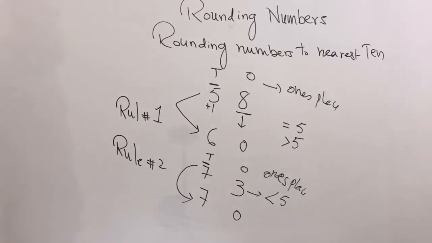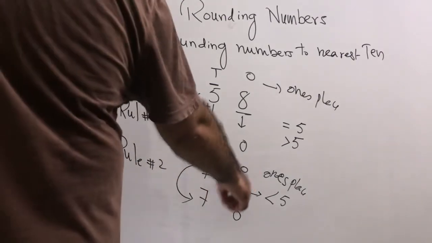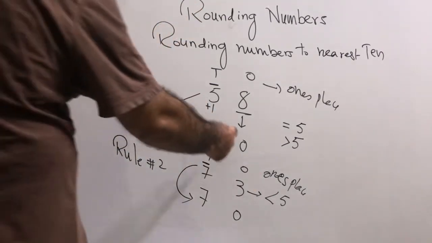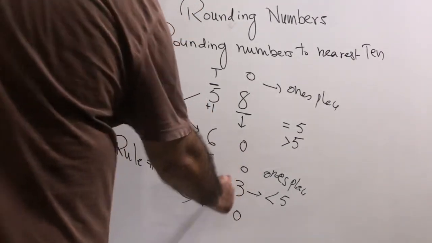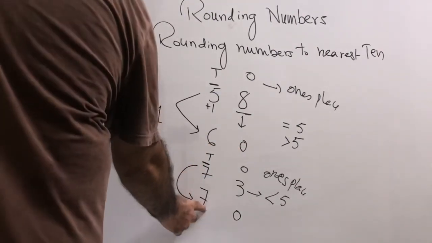The second rule, we told you that we have a number 73. We will round this number to nearest 10. The second rule says that if the number on the ones place is less than 5, then we do two actions. The first is the same, we make the ones place 0, and we don't add anything to this number, it remains the same.